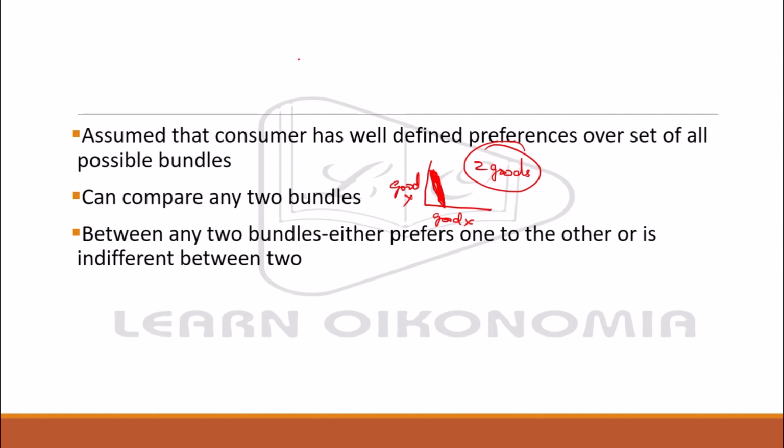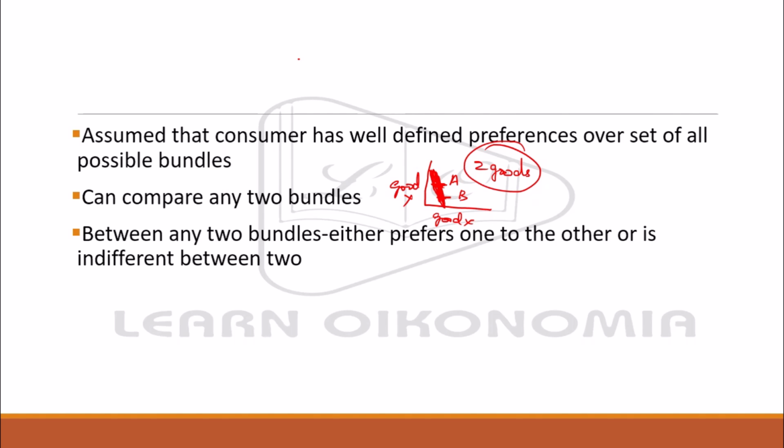So that means you can compare two different points on the budget line like A and B. Point A shows a bundle of two commodities, good X and good Y. A certain combination of good X and a certain combination of good Y would be there in point A. Again, when it comes to combination B, you will be having certain other combination of good X and good Y, isn't it?